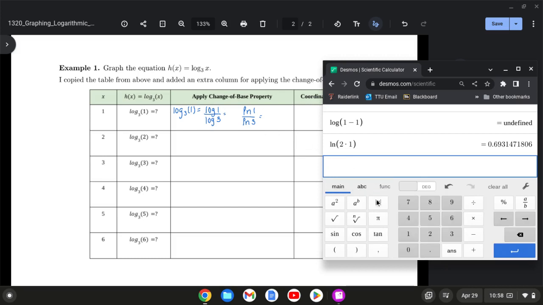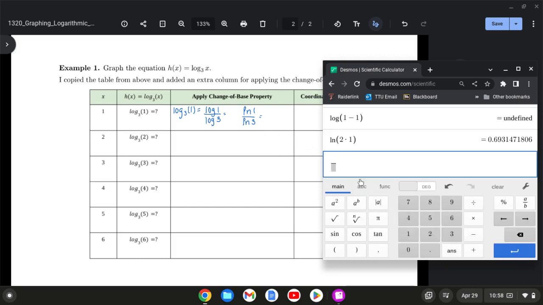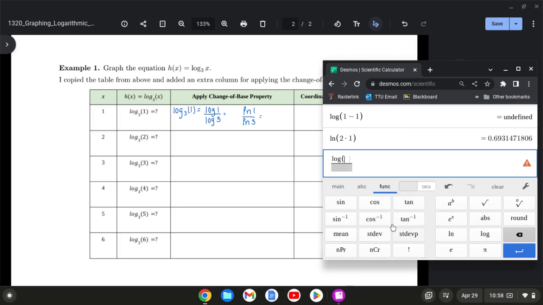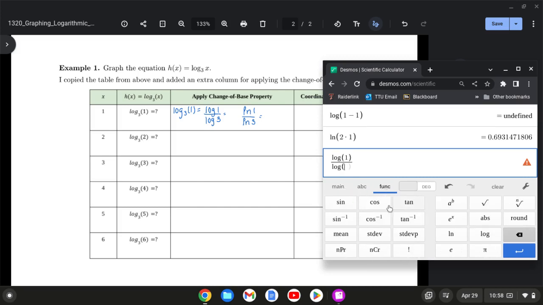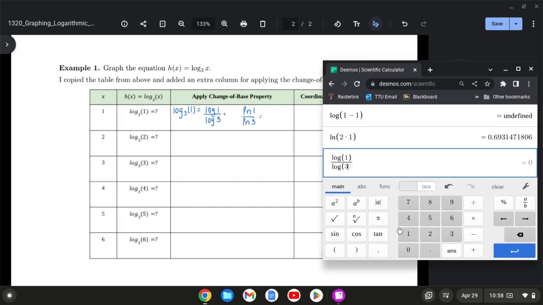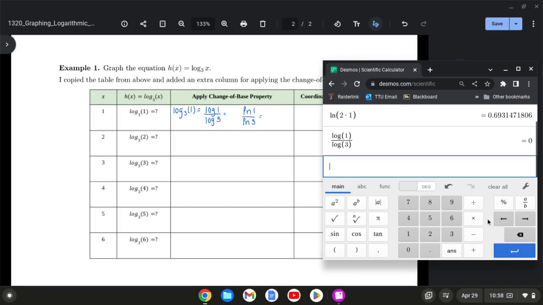I'm going to put in my division first. So common log of 1 divided by the common log of 3. And we get 0. So let's see, do we get the same thing for our natural log change of base formula?